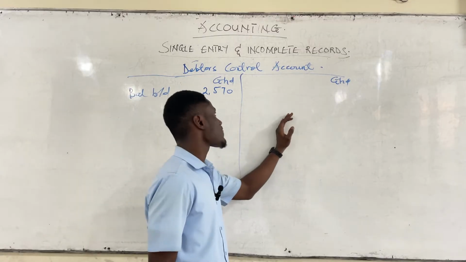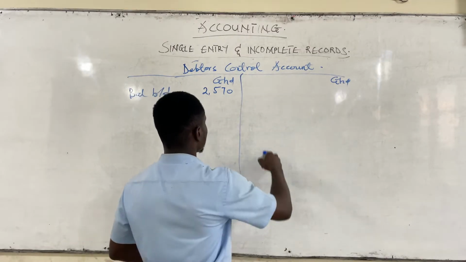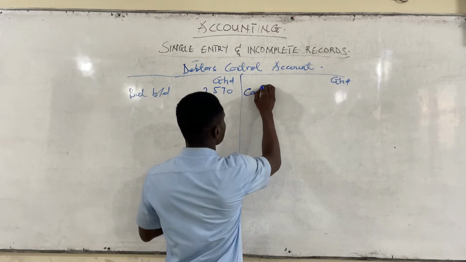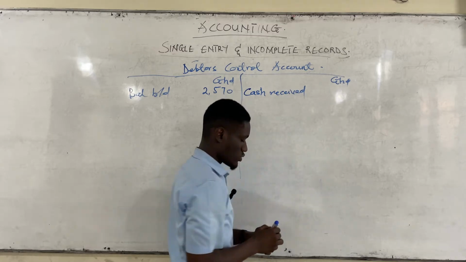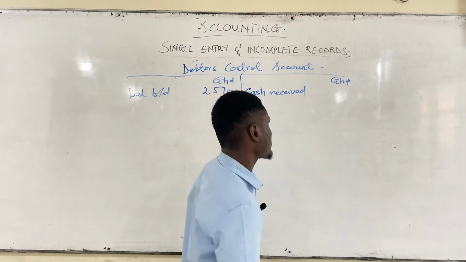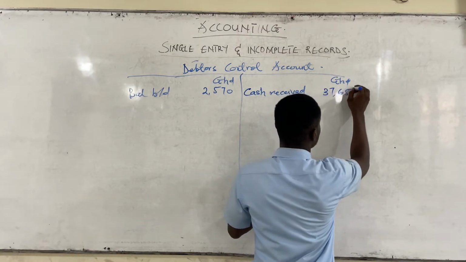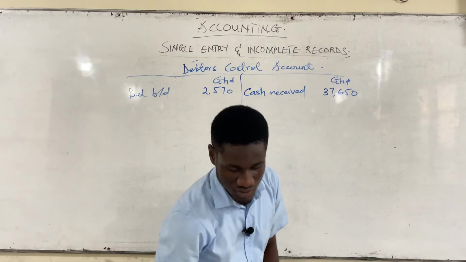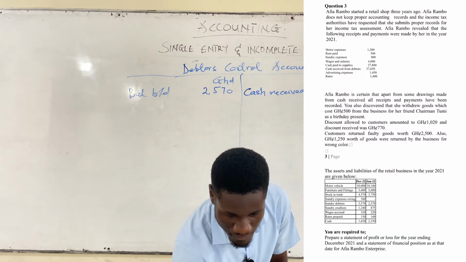Decrease the amount the debtors owe us. Therefore it's going to be recorded at the credit side. So cash received, which is 37,650. Good. Then we'll check for any other debtors amount again.